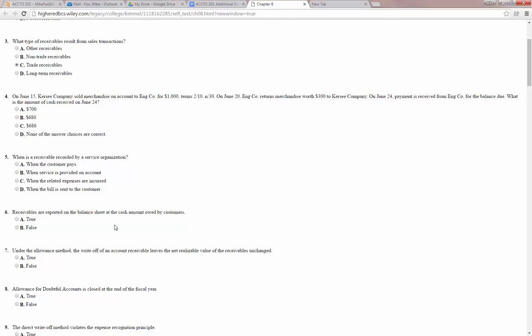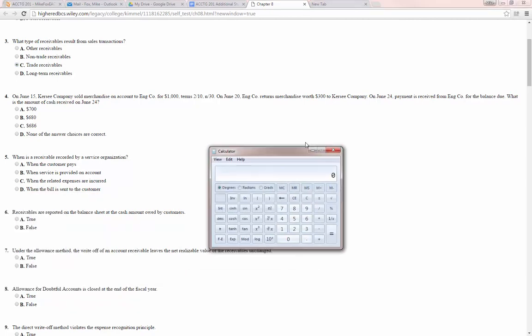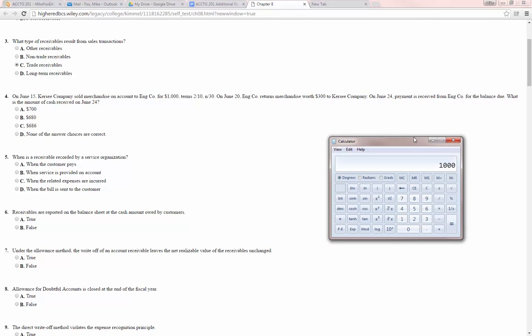So if they've paid $1,000 and then they had a $300 return, that means the amount outstanding was $700, and when they take that 2% discount, it's going to be based on the $700. There's 2 ways of doing that.